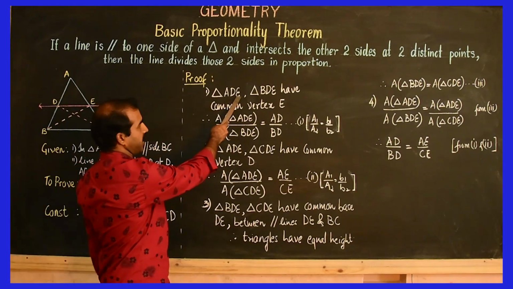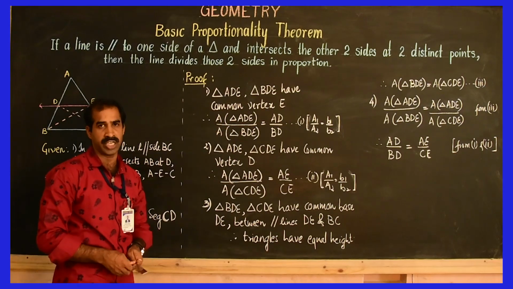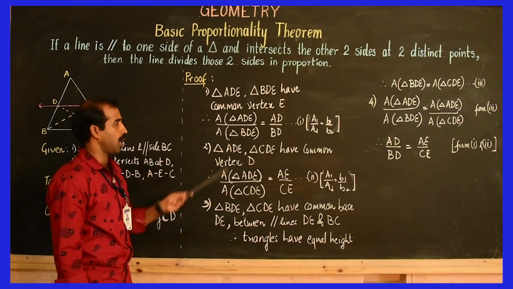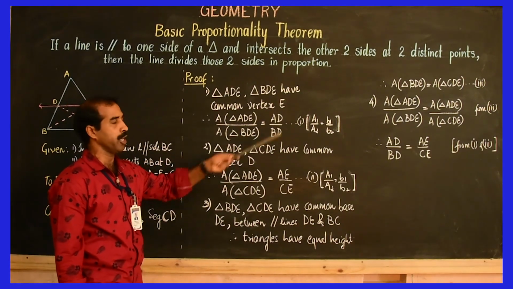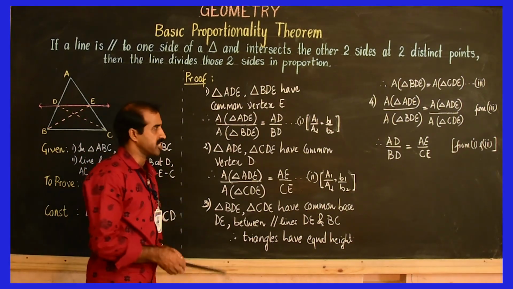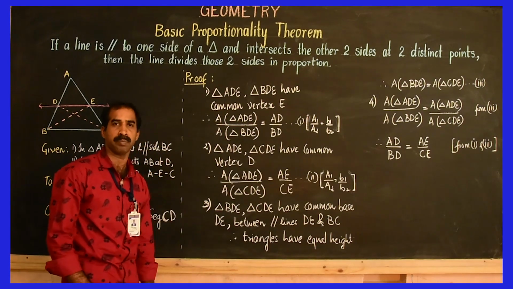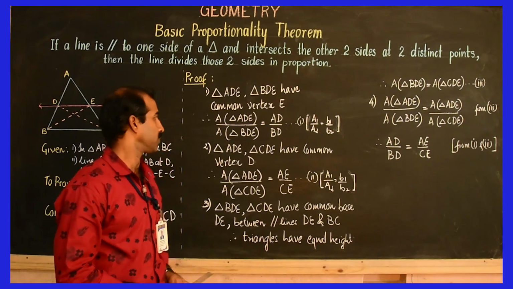Triangle ADE and triangle BDE have common vertex E. Therefore, area of triangle ADE upon area of triangle BDE equal to AD upon BD. We'll consider it as equation number 1, and the reason is A1 upon A2 equal to B1 upon B2 because those two triangles have common height.